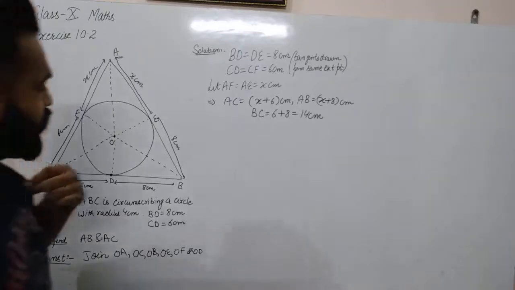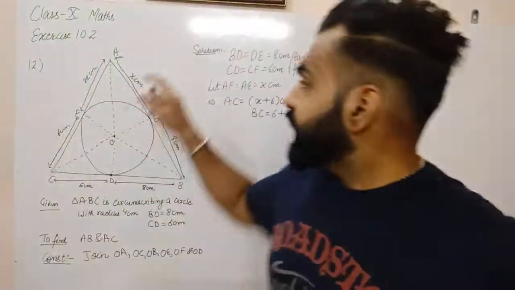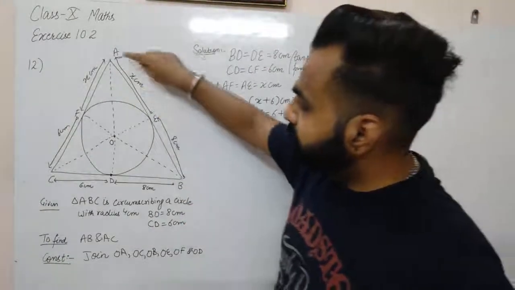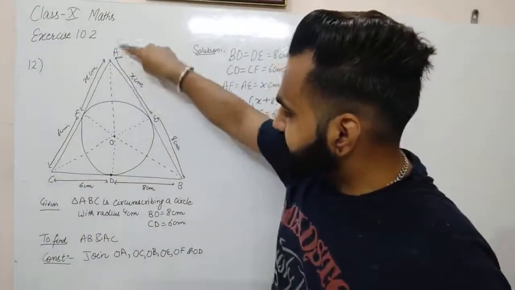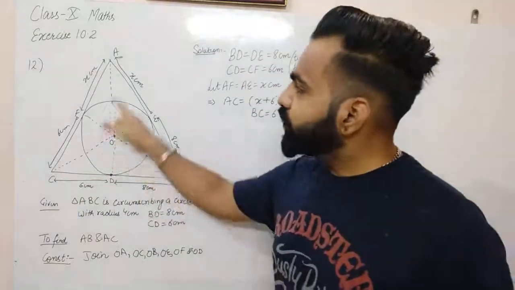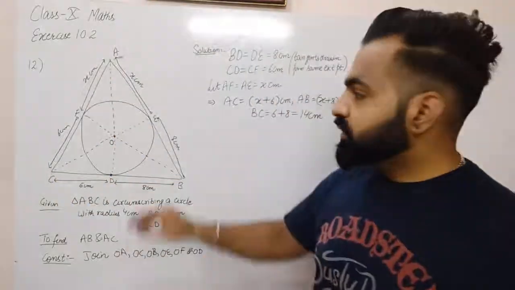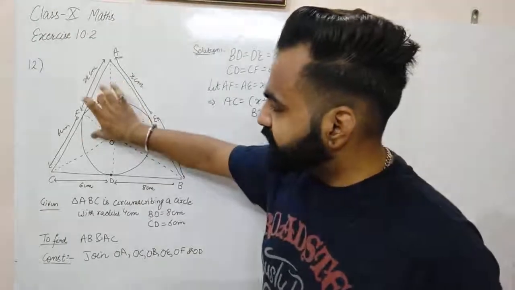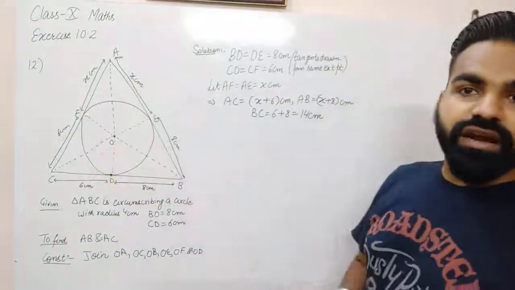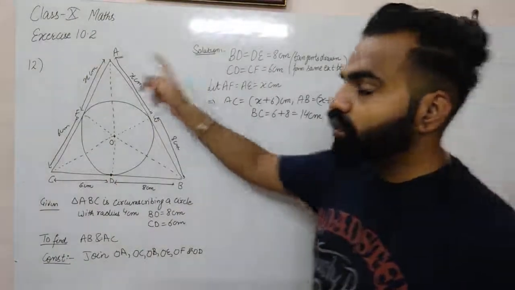Now we can see that the whole triangle ABC is divided into three triangles: OAB, OCB and OAC. So these three triangles together form the whole triangle.